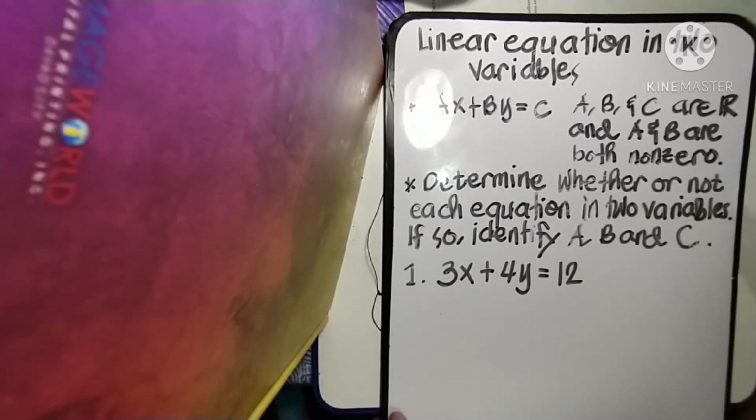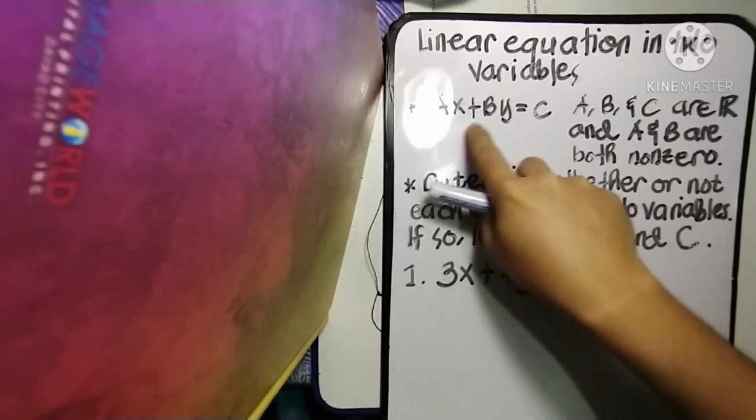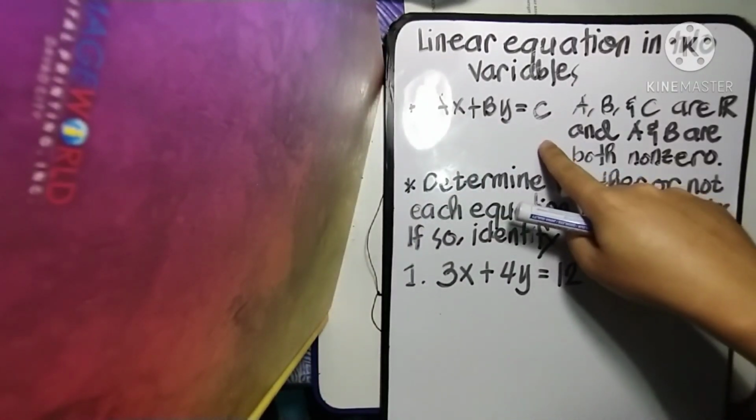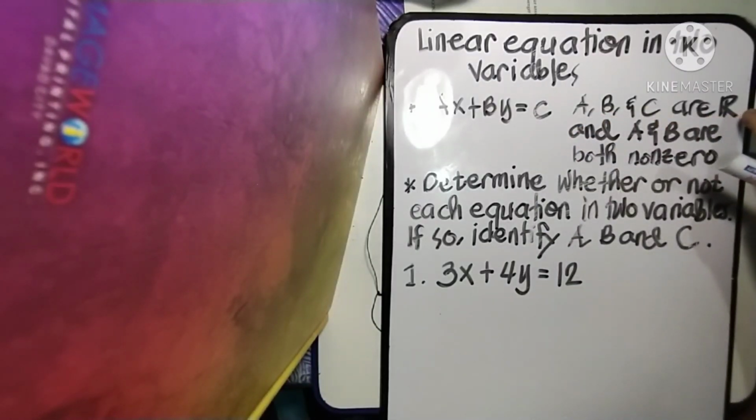So for this video, we will be talking about linear equation in two variables. When we talk about linear equation in two variables, it is an equation that can be written in the form of ax plus by is equal to c, where a, b, and c are real numbers.